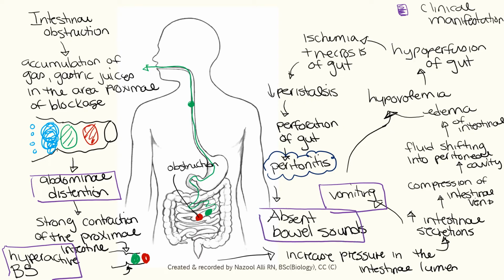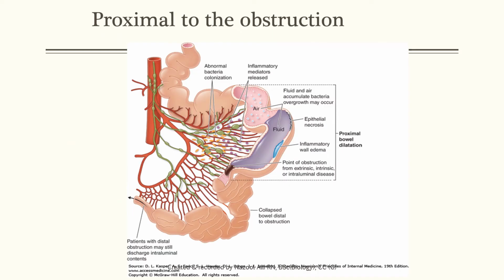So what this really captures is the pathophysiology that's involved in a mechanical bowel obstruction, just giving you the idea of how the disease process is going to be manifested. Looking back at this diagram, I thought it was interesting to look at it from the perspective of how fluid and air accumulate proximal to where the obstruction is.